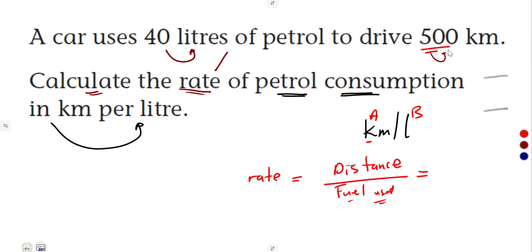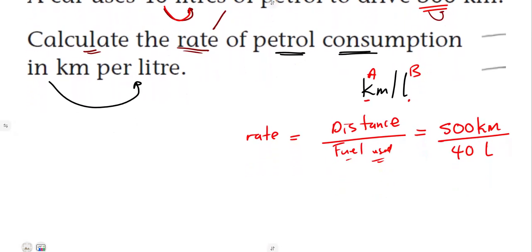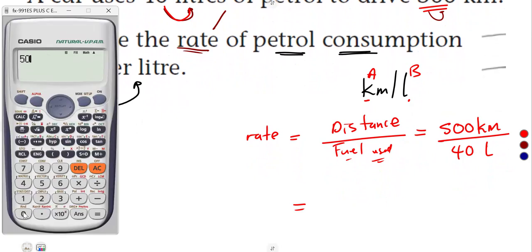It is 500 kilometers. And what is the amount of liters that were used of the petrol? 40 liters. So this gives us a rate, kilometers per liter. So simply divide this one, 500 over what?